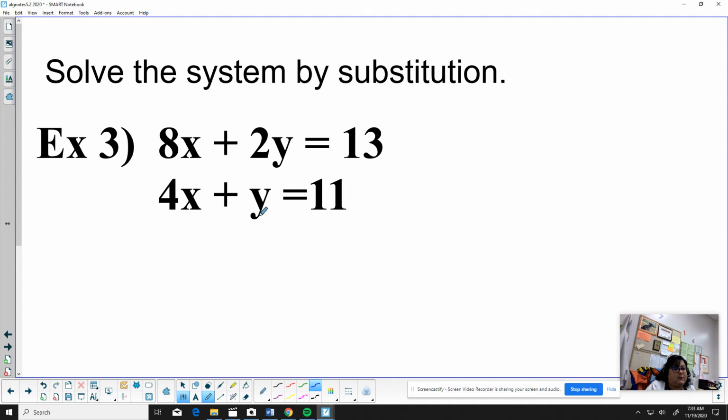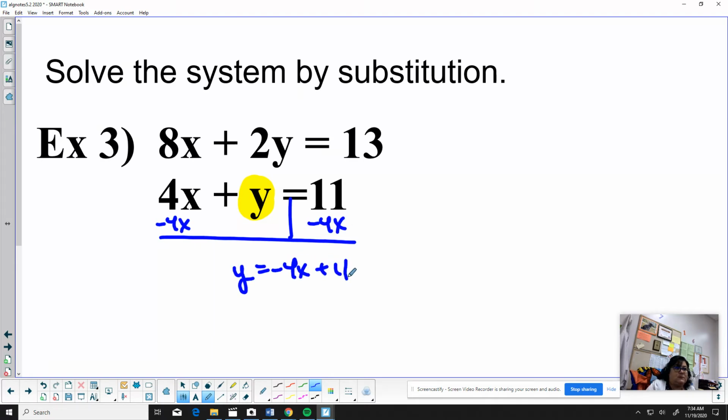Notice this one doesn't have one that's already solved. So we want to go ahead and get this term right here. That would be the easiest one to solve for because it has a coefficient of 1, or it's alone. So I'm going to move this 4x to the other side by subtracting, and y equals negative 4x plus 11.